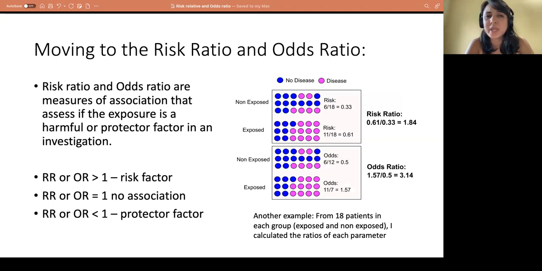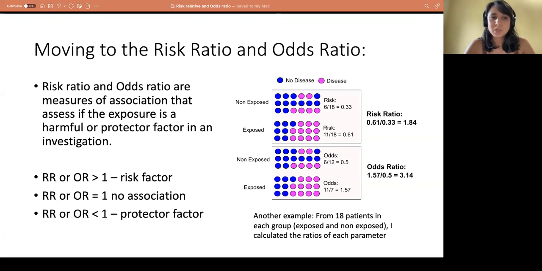But we are interested in the ratio, right? Not only in the risk or odds. We are interested in understanding the risk ratio between the group that was exposed divided by the group that was non-exposed, to understand if the risk of developing the disease or dying is greater or smaller than 1.